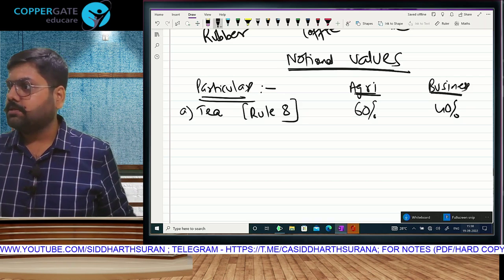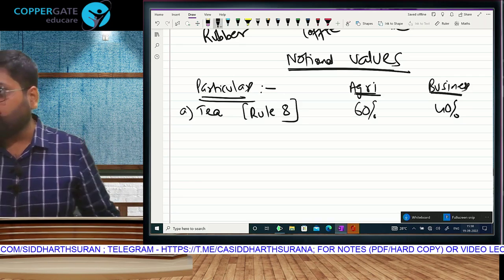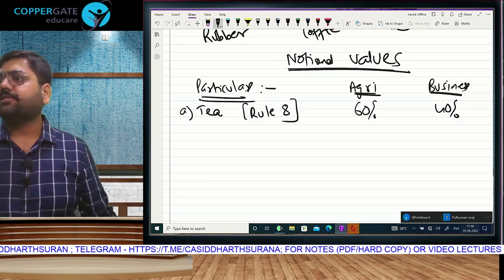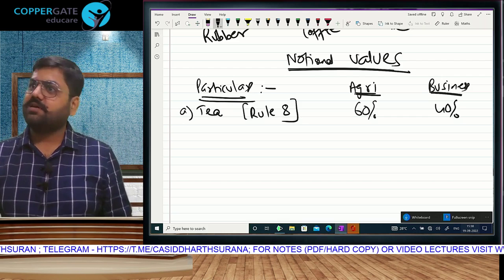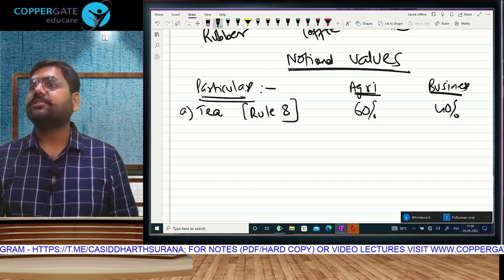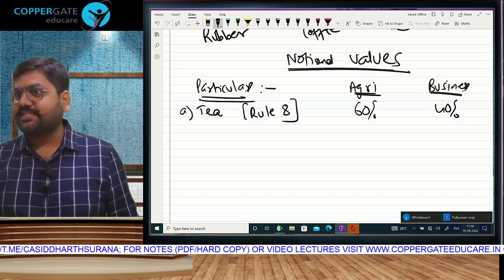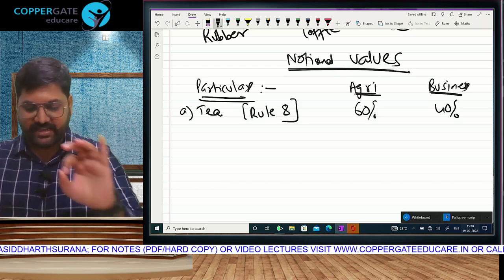In English, whatever be the meaning of notional, in Hindi, "hawa mein". Random percentage is given. Any profit earned from sale of tea, when you are doing both activities, 60% is agriculture. Finish. We don't want discussion. In the tea business, 60% is agriculture. Finish.